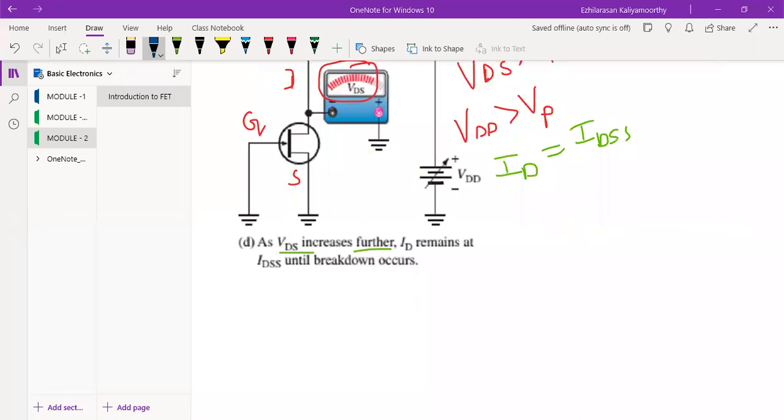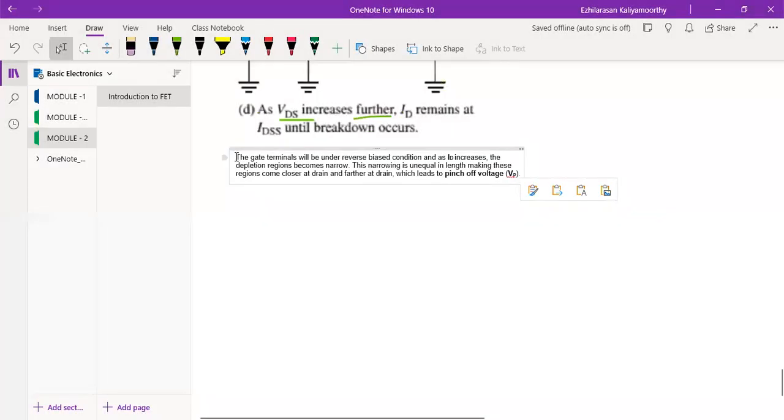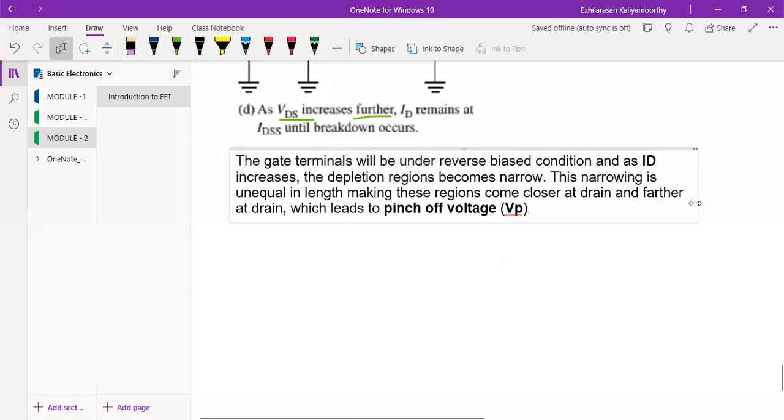What is the pinch-off voltage? The gate terminal will be under reverse bias condition as the drain current increases. The depletion regions will become narrow.